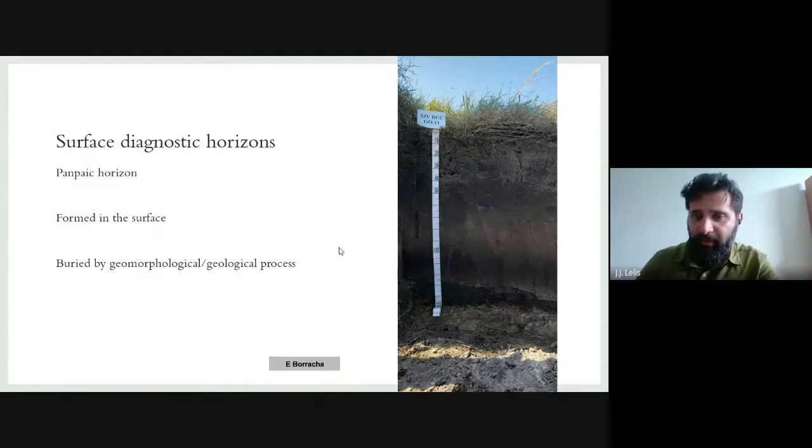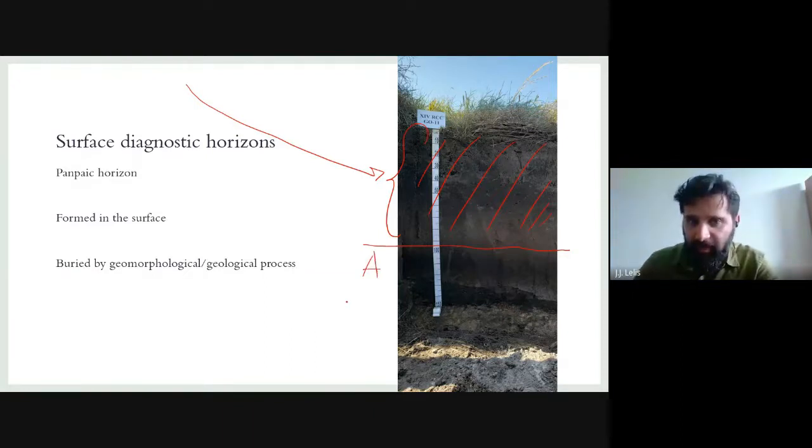So in the past, the soil surface was here, and some erosional process brought all this material and cemented it over this A horizon. So it created this Pompeiic horizon.